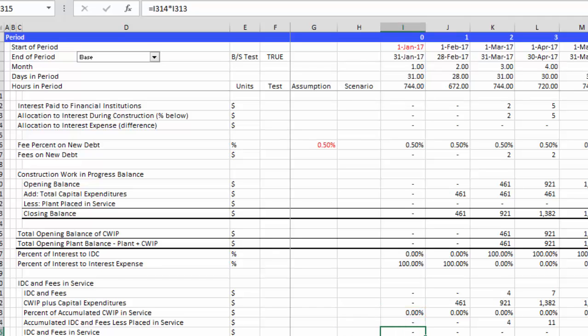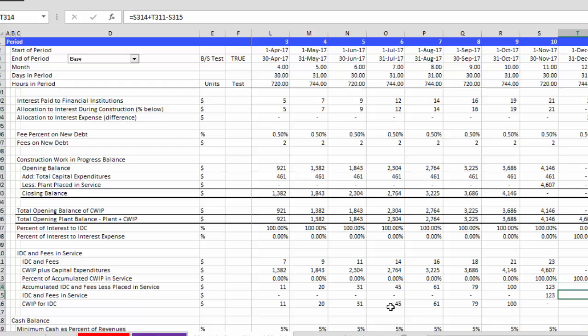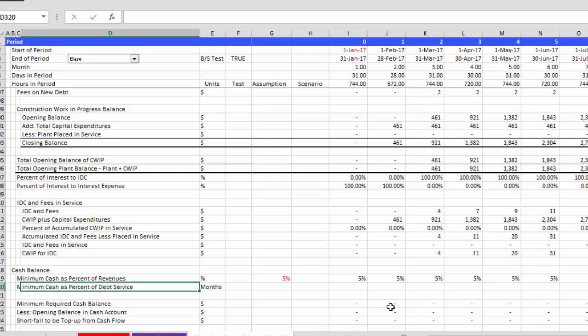And then what happens is it just accumulates, and we get the whole amount placed in service, and there's an extra little fees because I had this little fix on the circular reference thing. And finally, we take the IDC and the fees, and we take the prior balance and subtract the amount placed in service, and we have the construction work in progress for IDC.